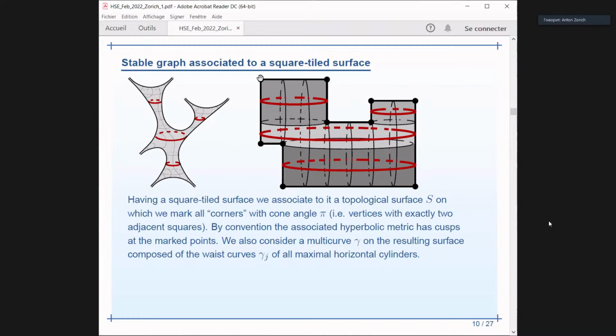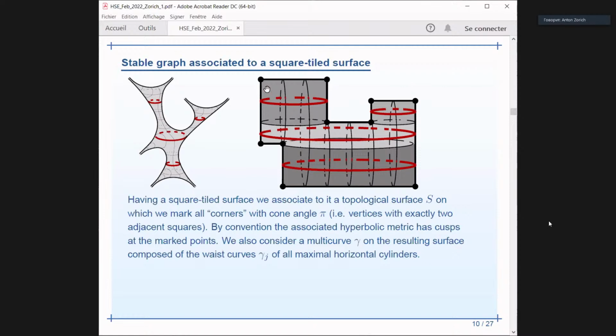And now the problem which I want to solve is the following. You see that there are many vertices where there are four adjacent squares, and those are just regular points. And also there are special points.